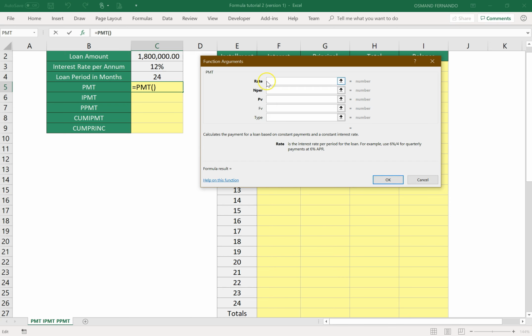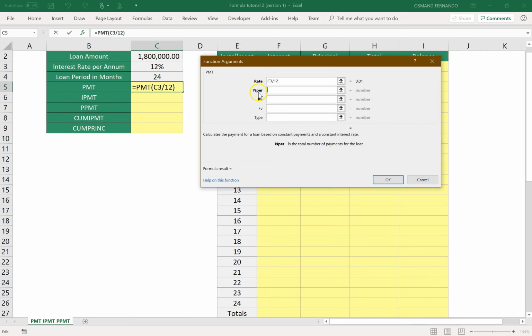interest rate. The interest rate is over here, but remember this interest rate is per annum, that means per year, but you are paying the installment on a monthly basis, therefore you have to divide by 12, and you can see the value also appearing here. And then NPER, what is that? The beauty of this function argument window is it explains the meaning of this short word.